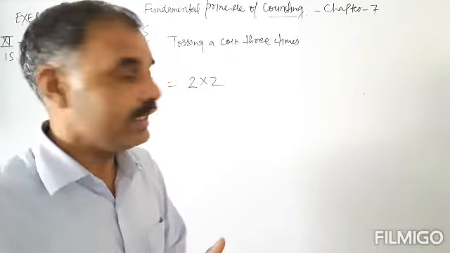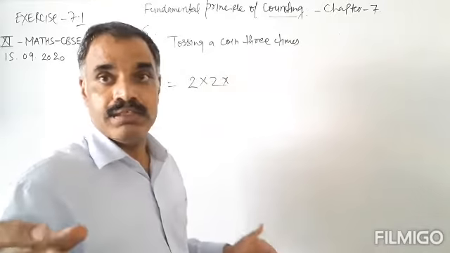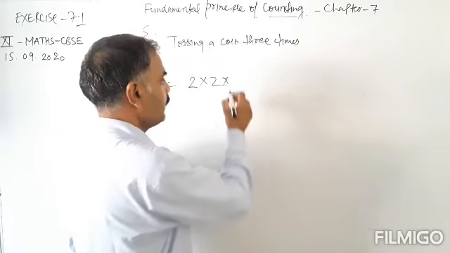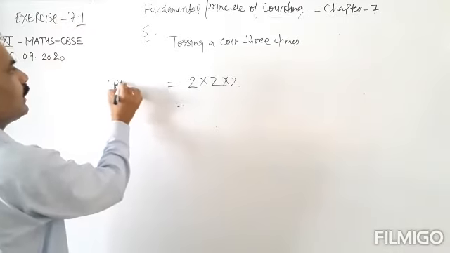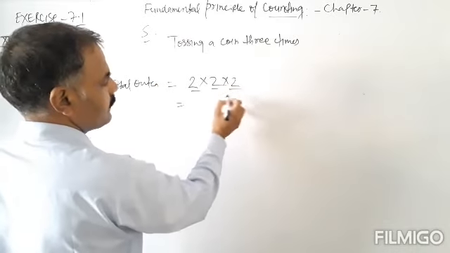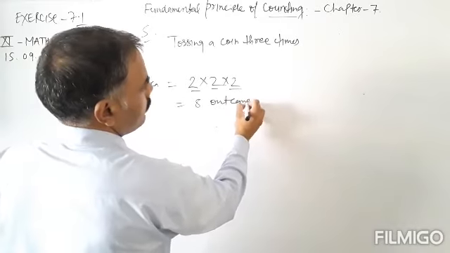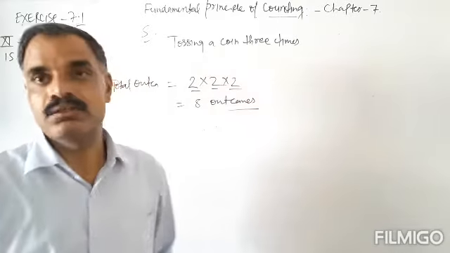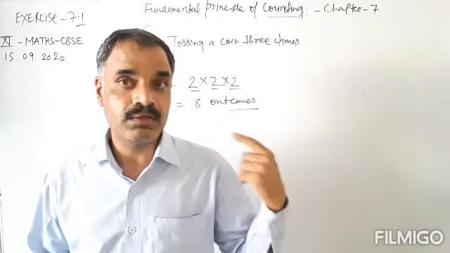When we toss the coin the third time, we again have 2 outcomes, head or tail. So total number of outcomes in first, second and third attempt is 2 into 2 into 2, that is 8 outcomes. This is the method of principle of counting.